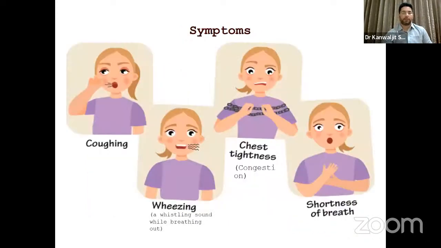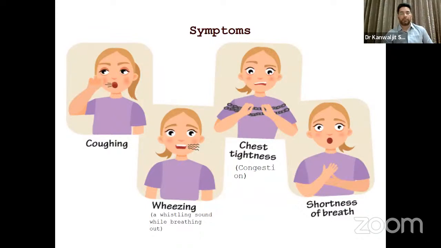So what are the common symptoms which we deal with in the OPD of asthma patients? If patients present with chronic coughing that is uncontrolled with the use of various medications, then you have to suspect asthma. Second is wheezing. Not all patients present with wheezing. When the symptoms get worse, only then do you have this wheezing.